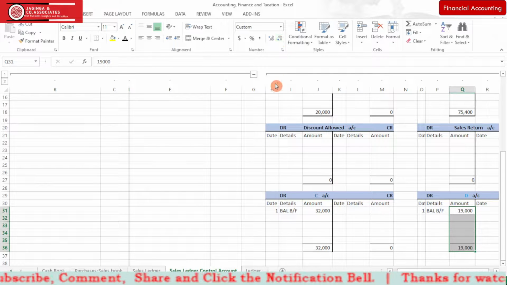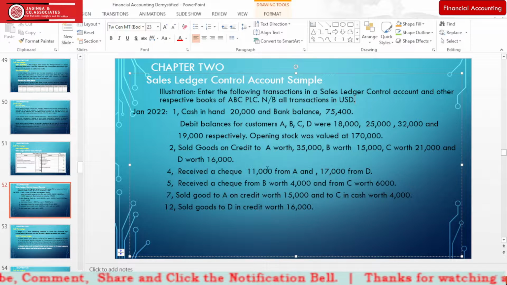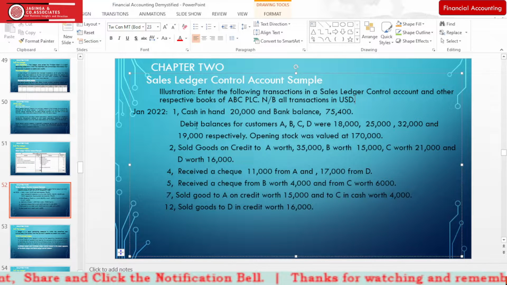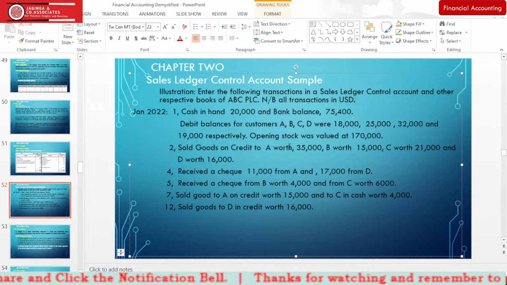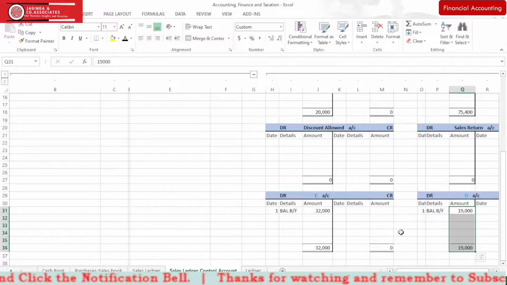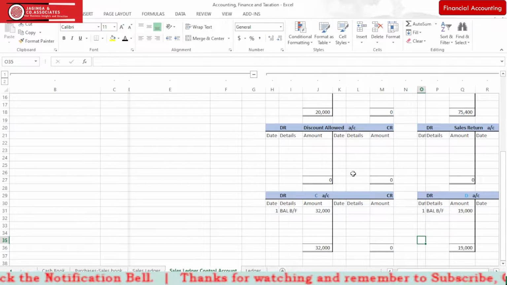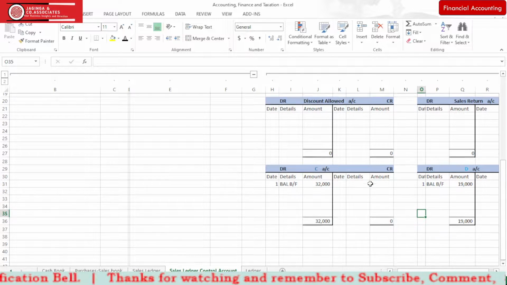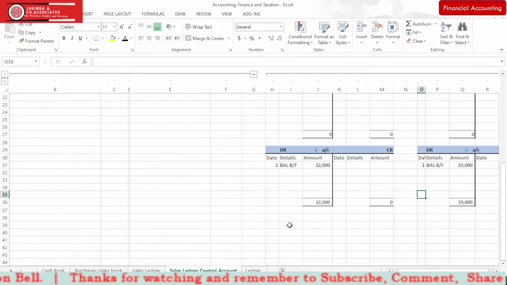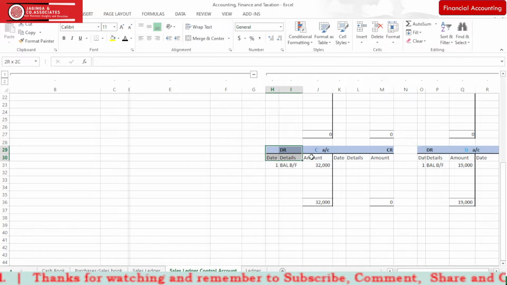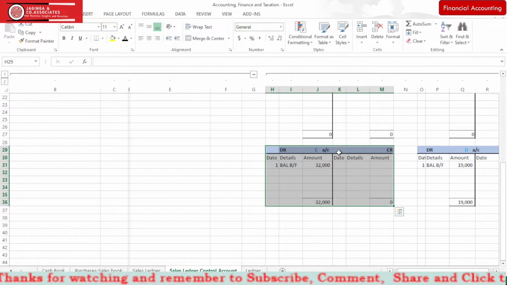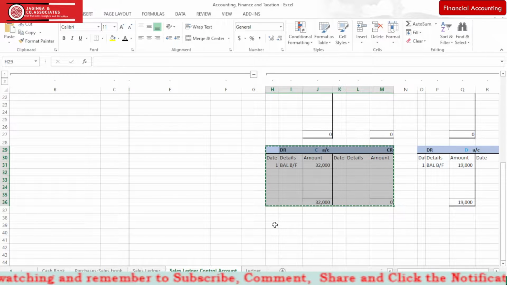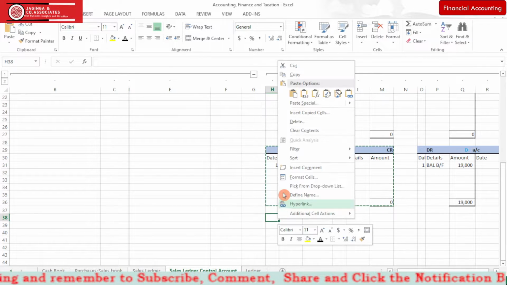Then on the same January 1st, we had opening stock valued at 170,000. So here let's create an account for stock, inventory stock.